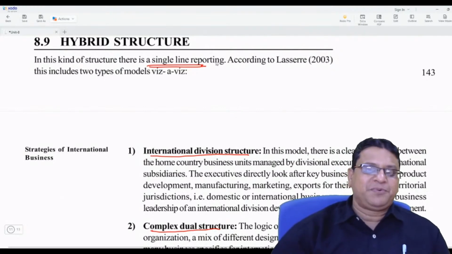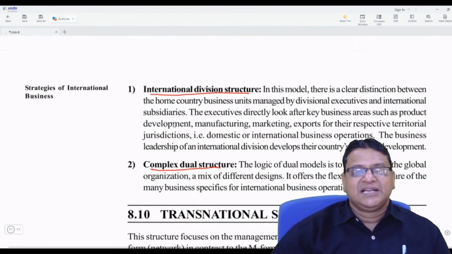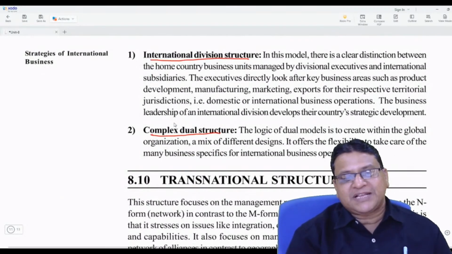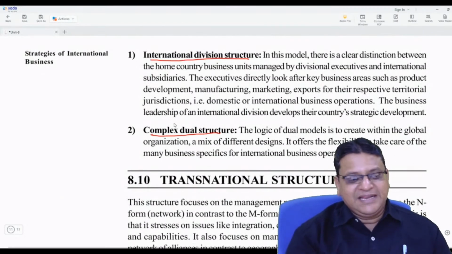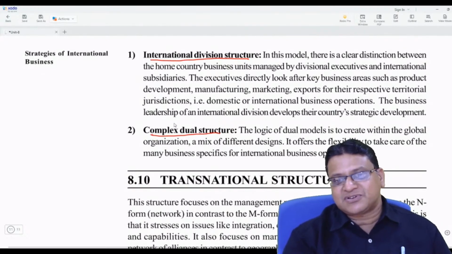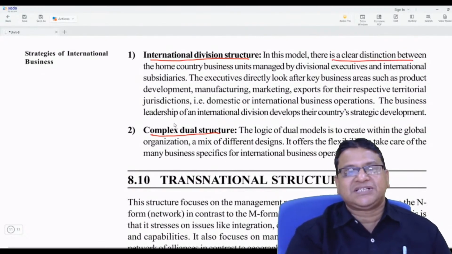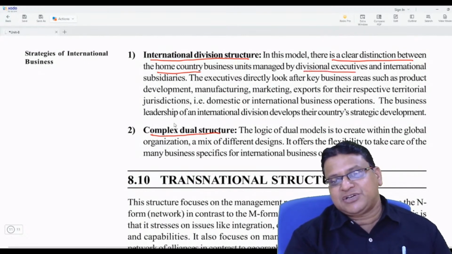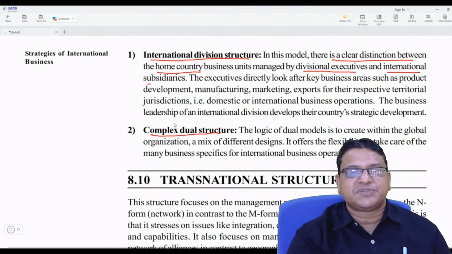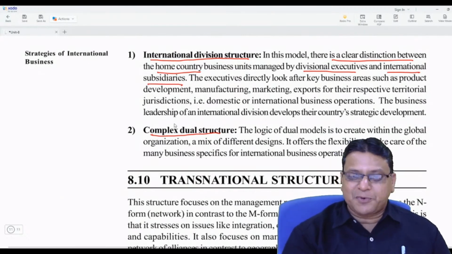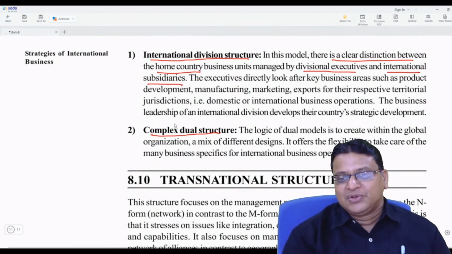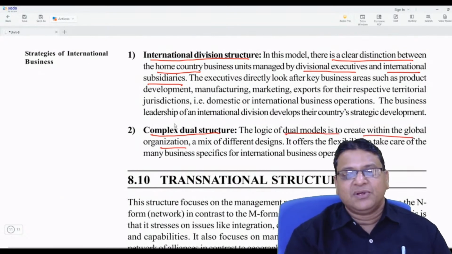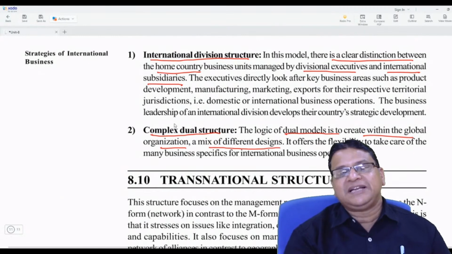In case of international division structure, there is a clear distinction between home country business units and divisional executives and international subsidiaries. And in case of complex structure, the dual model is created with the global organization with a mixture of different designs.